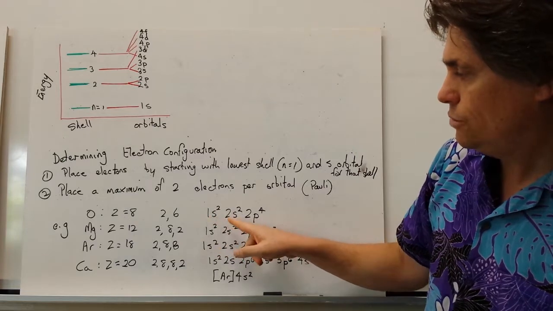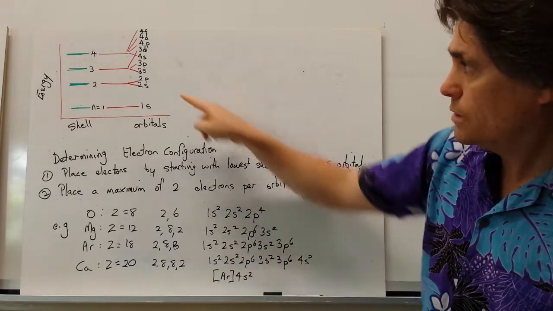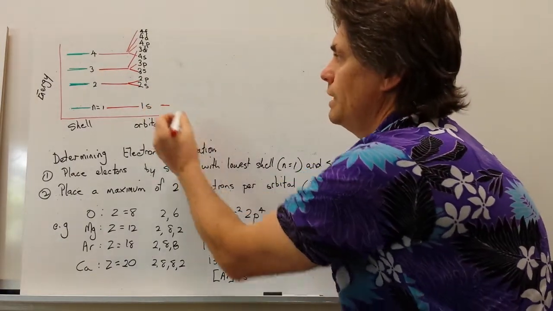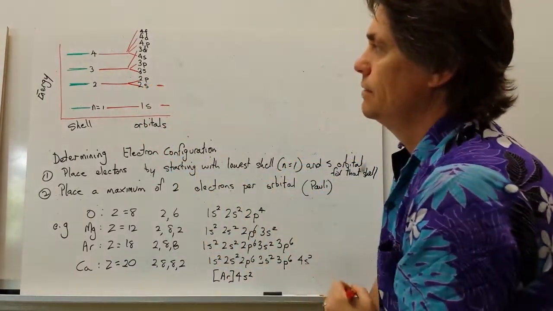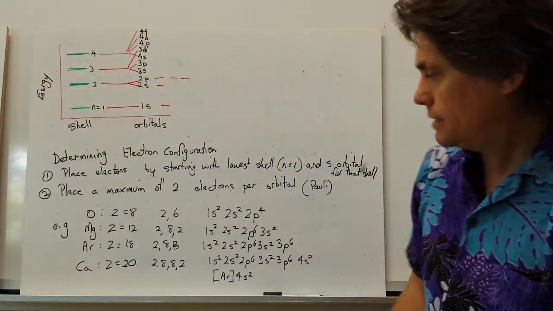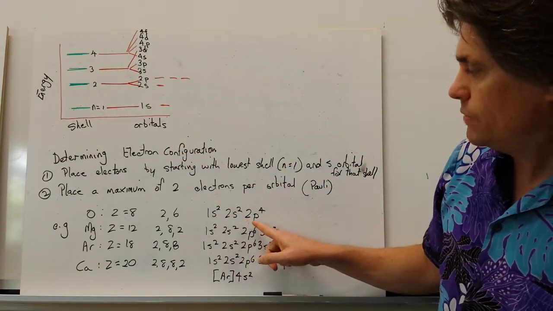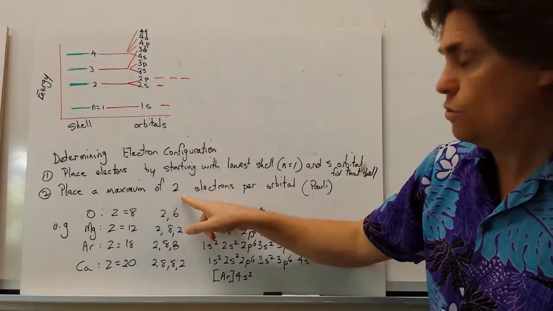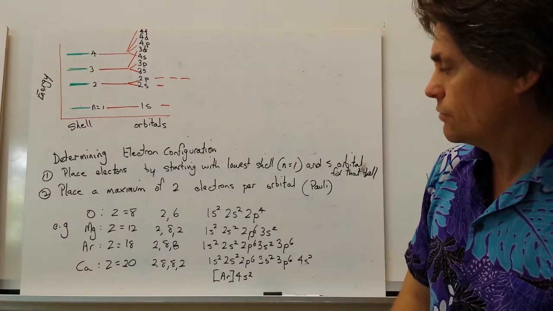So we go 1s2, 2s2, and the next one up is the p's. So we can only have 1 orbital in the s, but for our p's we can have 3. Hence, we can actually fit a maximum of 6 electrons: 3 orbitals times our 2 electrons per orbital gives us 6 possible electrons.